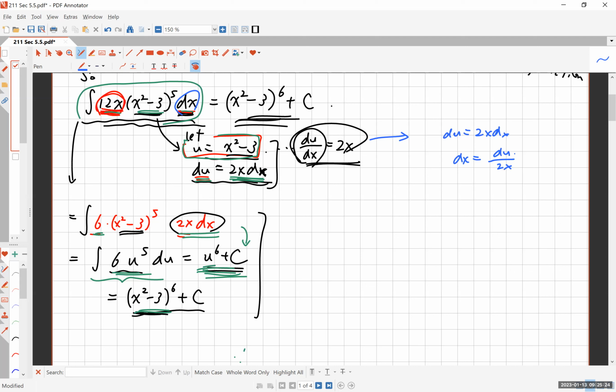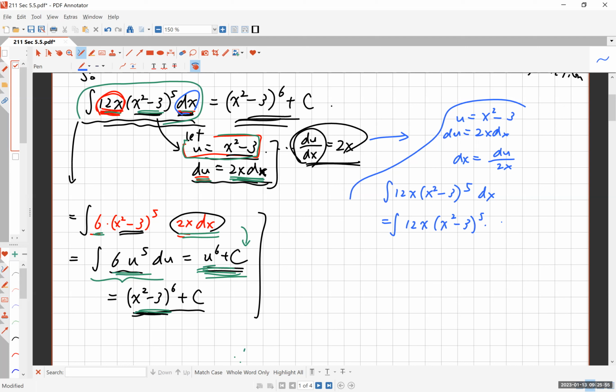You may see some friends doing this. u is still x squared minus 3, and the original question is 12x times x squared minus 3 to the 5th, and then of course you have dx.